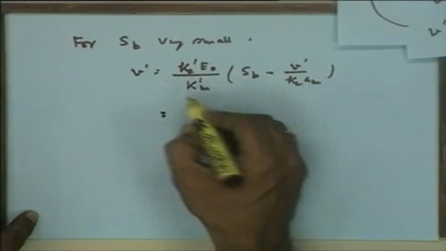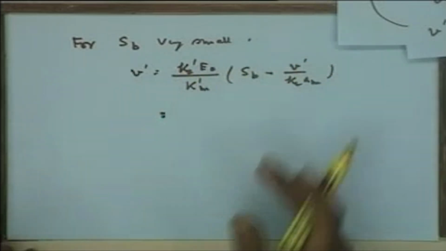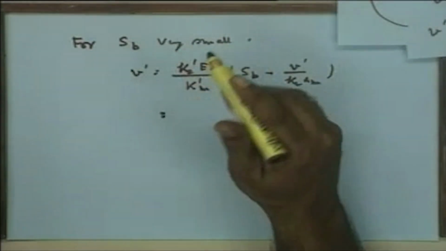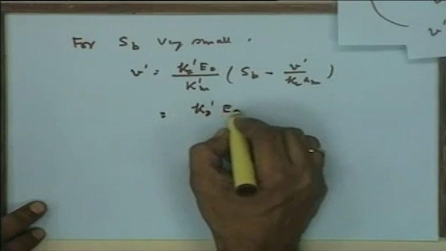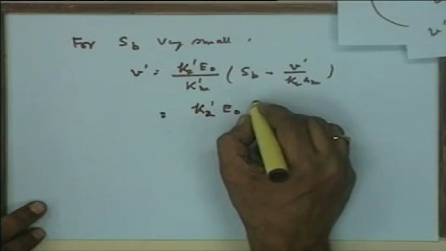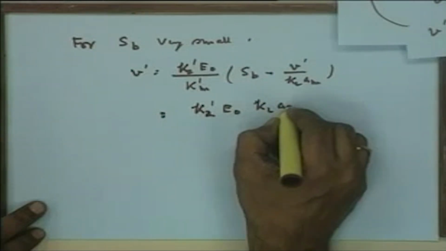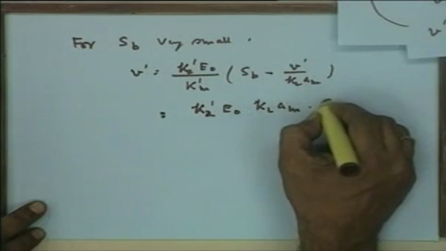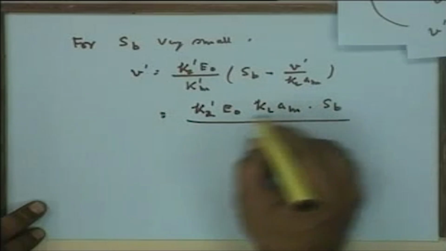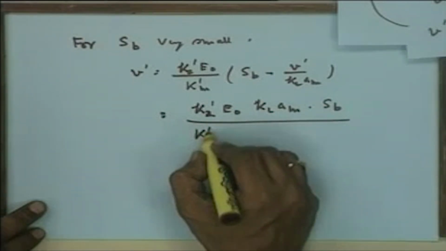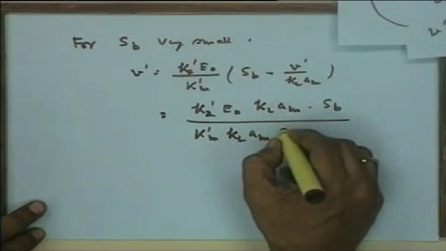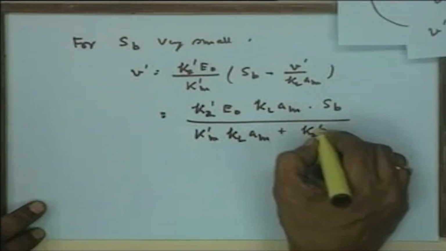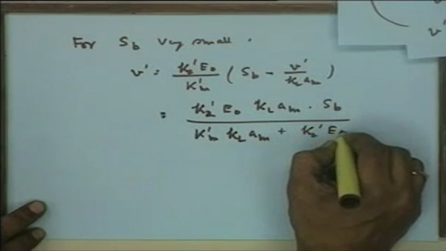Or if you simplify this, simply take all the V dash term onto the left hand side, you will get K2 dash E naught KLAM into SB upon K dash m KLAM plus K2 dash E naught.